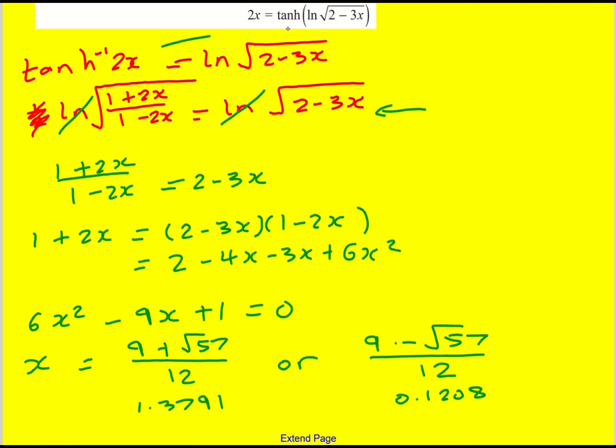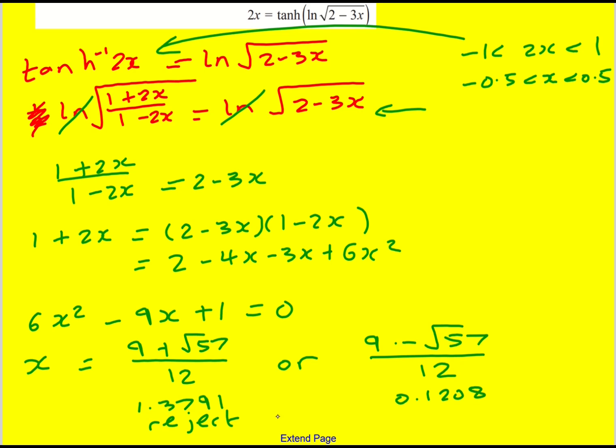So actually, in our case, we have to have that 2x is between minus 1 and 1. So x had to be between minus 0.5 and 0.5. And this one is not, so we're going to reject it. Therefore, our sole solution, written exactly, is 9 minus root 57 over 12.